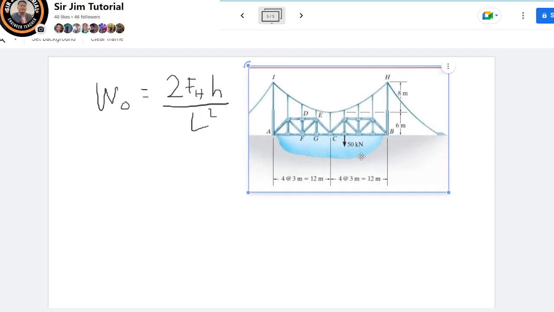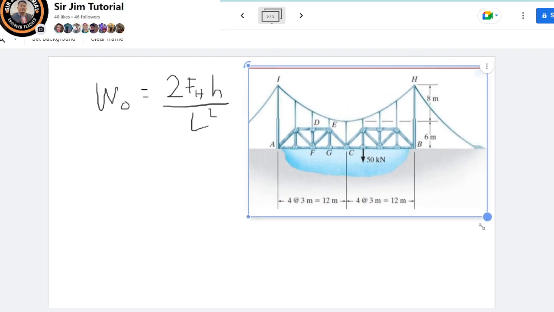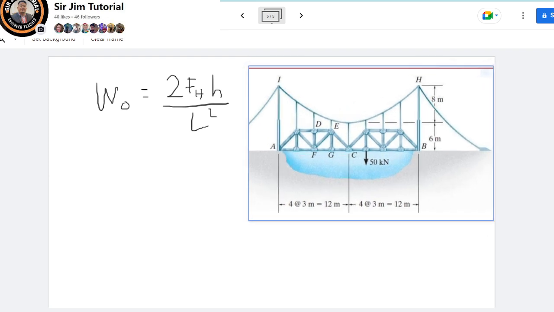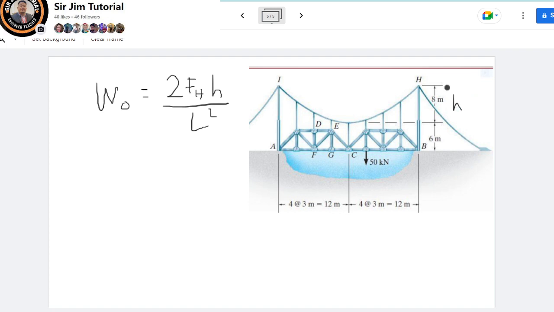From here, we know that this is our H, which is the height, or the sag of the cable from this point, and this will be our L, which is equal to 12.